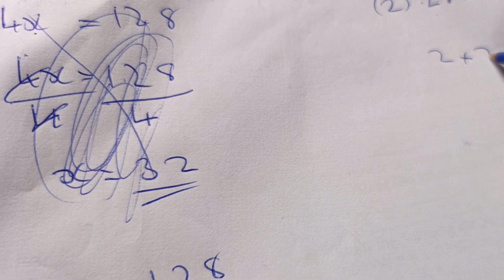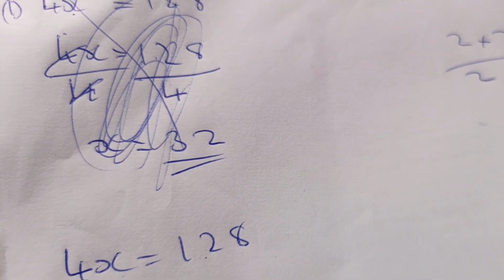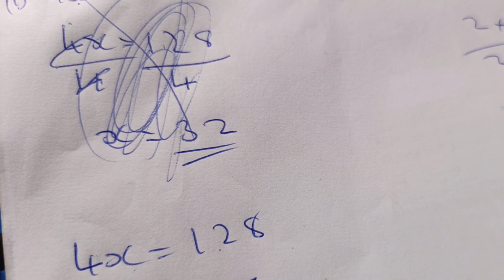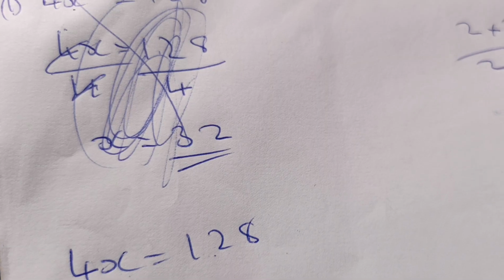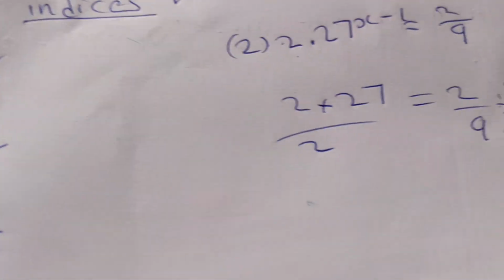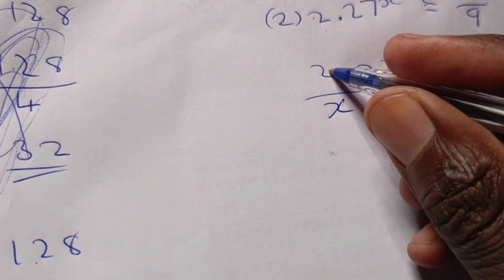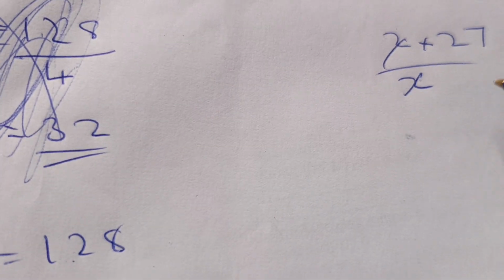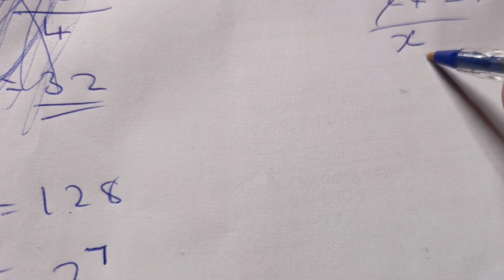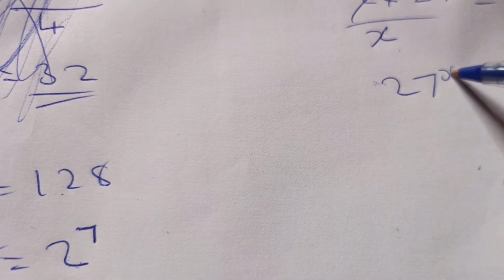We're going to say 2 times 27 to the power x over 2 is equal to 2 over 9, that is divided by 2. So from here, the 2 in 2 is out, and we're remaining with 27 to the power x.